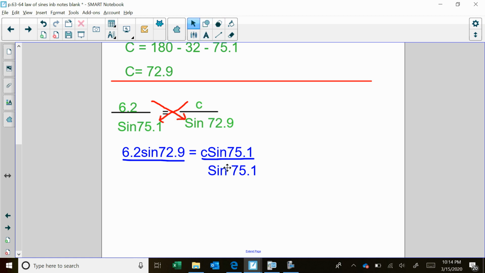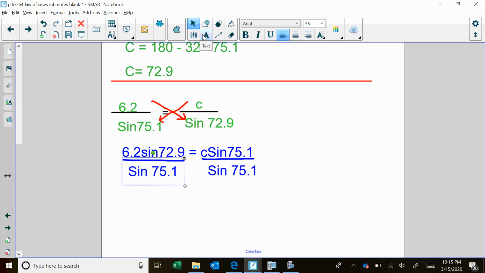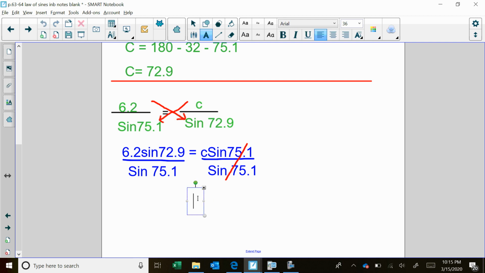Divide by sine 75.1, we get cancellation right here, leaving me with little c.